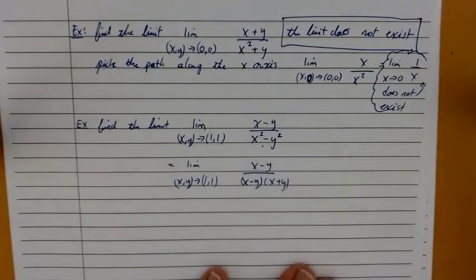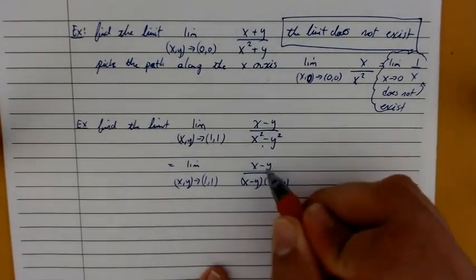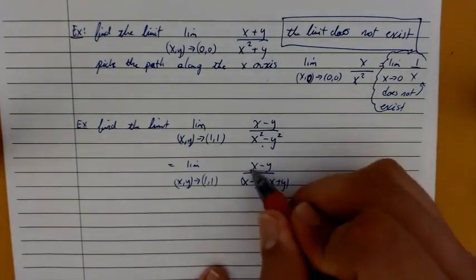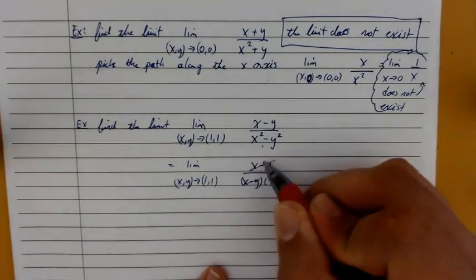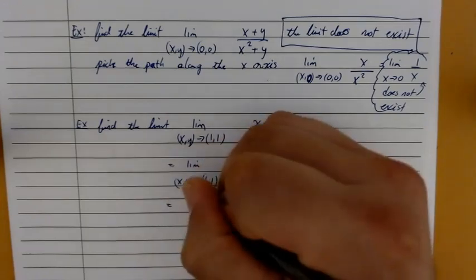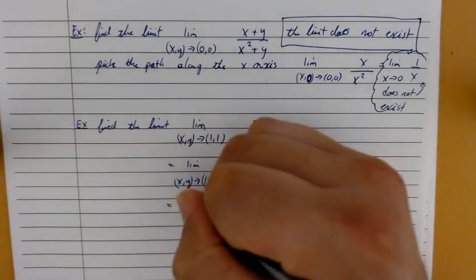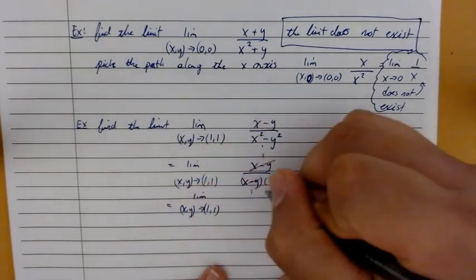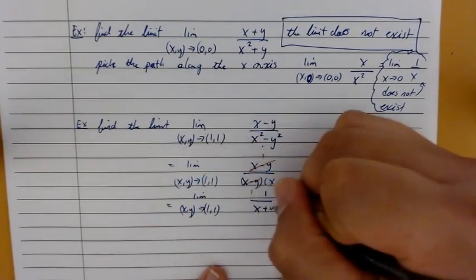If I factor it that way, as long as these are not both 0, which they're not, since you're not at (1, 1), you're just near (1, 1), then these are not identically 0, which means they can be divided. So now this gives me a much simpler limit as (x, y) approaches (1, 1) of 1 over x plus y.